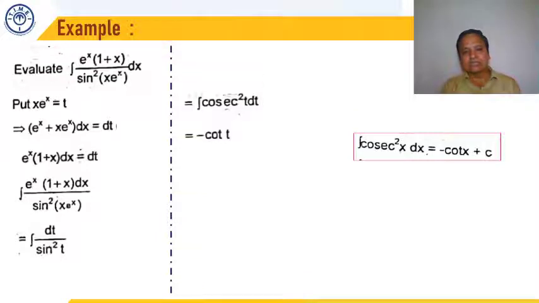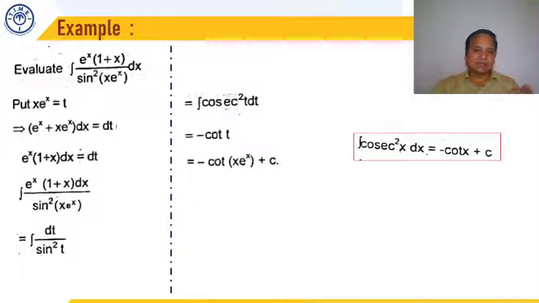But my original question was given in terms of x. So I have to replace this t back in terms of x, and value of t is nothing but x e to the power x. So I replace this t, it becomes minus cot x e to the power x plus c. C is the constant of integration which is to be applied.